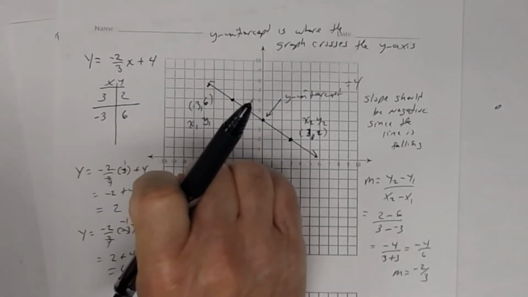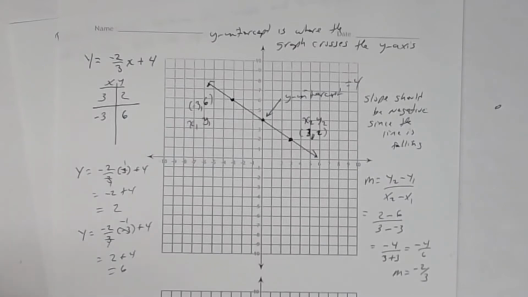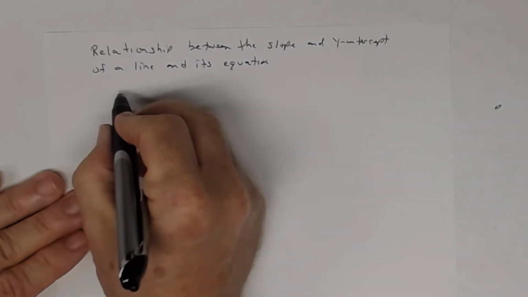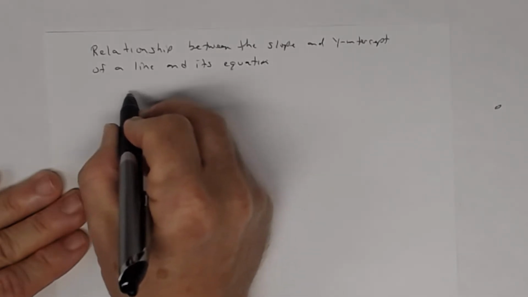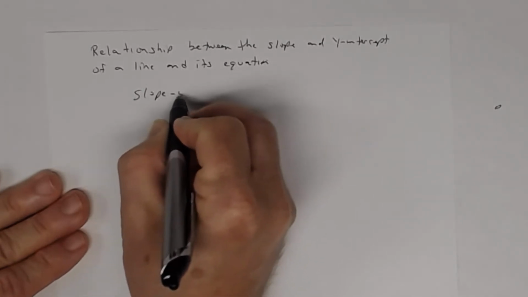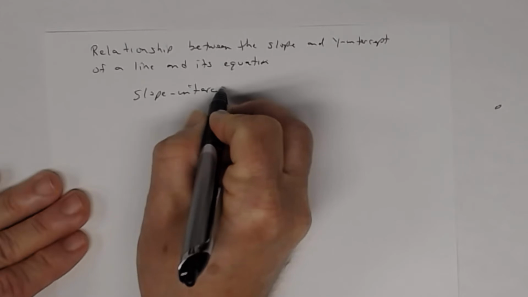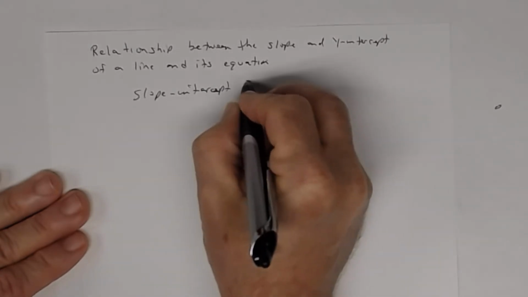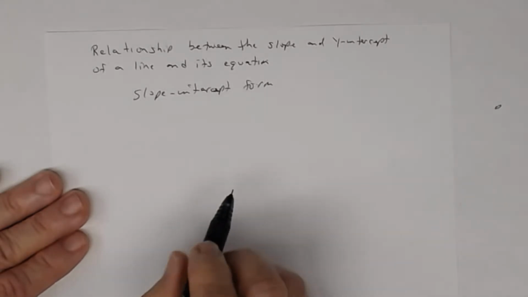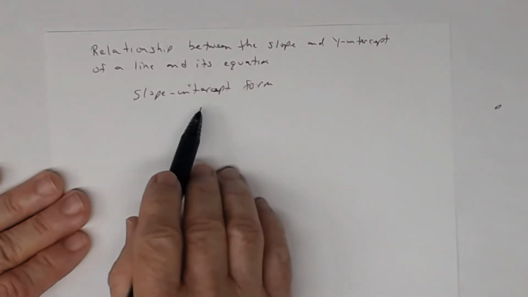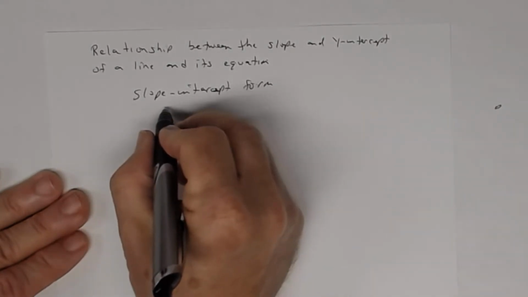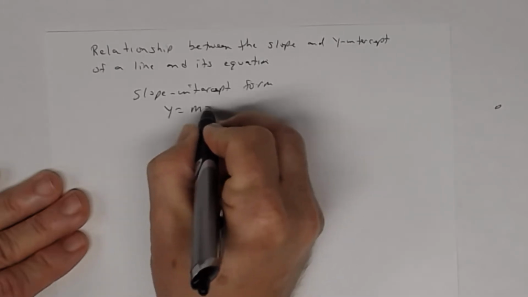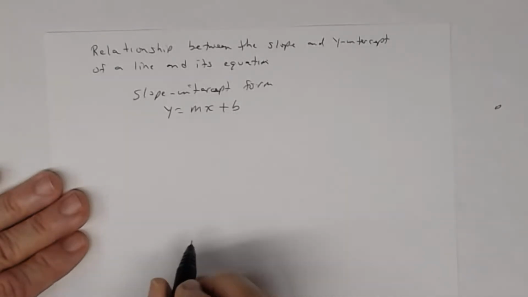And so now that brings us to this idea that we need to know about. This brings us to the term slope-intercept form. An equation of a line is in slope-intercept form if it looks like this: y equals mx plus b.